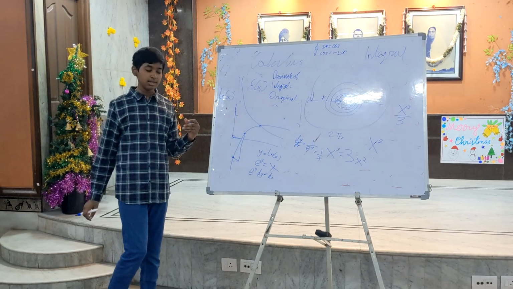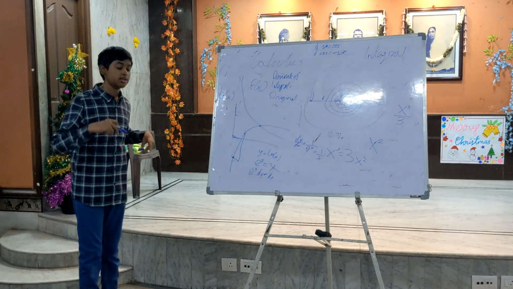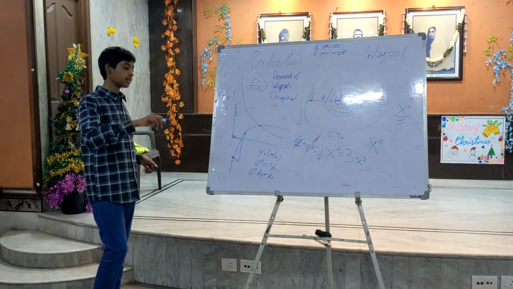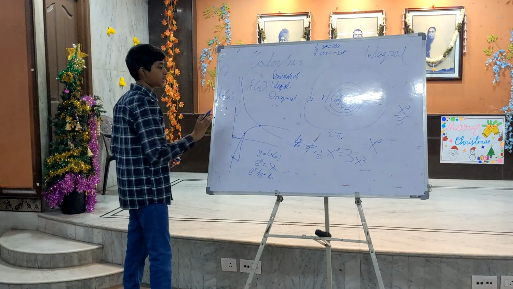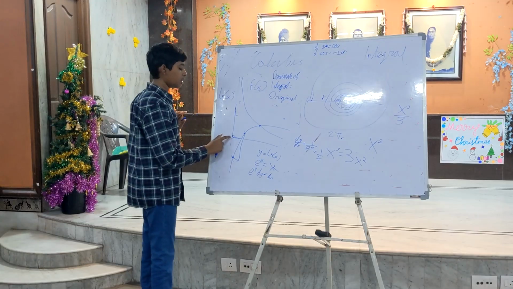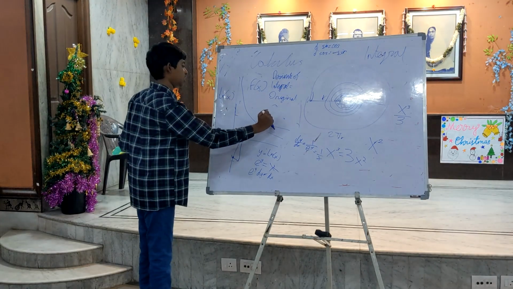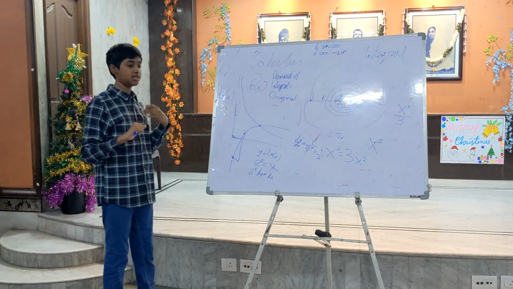So this means that the integral is not really a measure of the total area. It's a measure of how the area is changing, because of the fundamental theorem of calculus. We may not know what the area is at this point, but we do know that the way the area changes will be equal to the function itself.